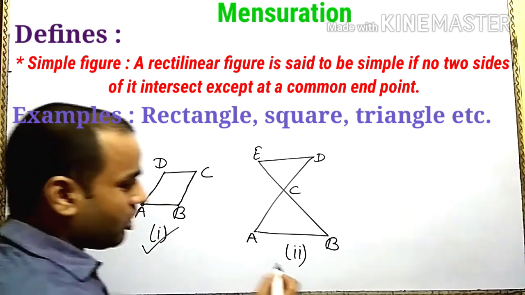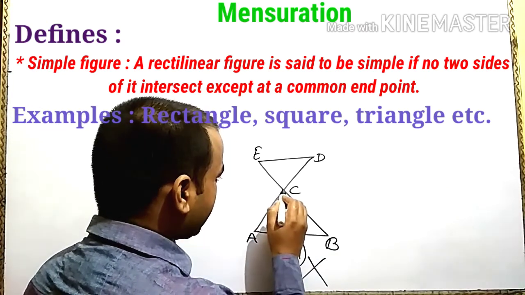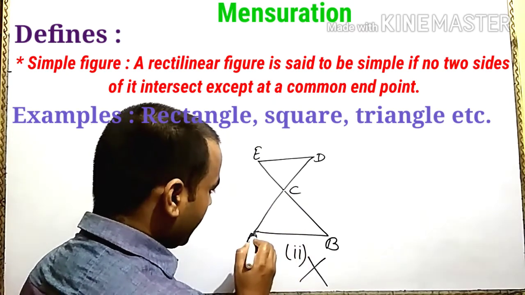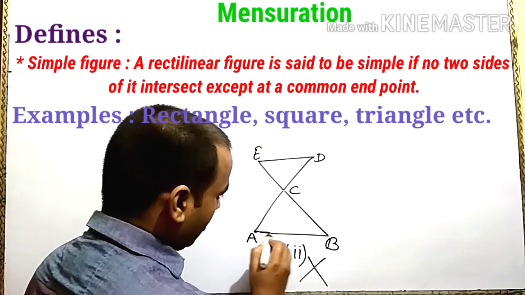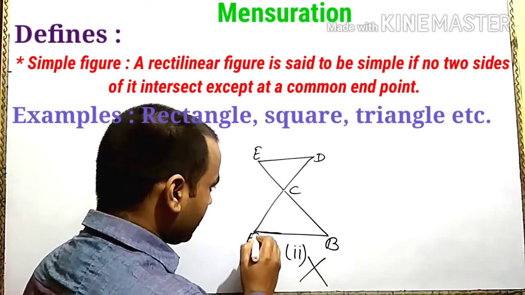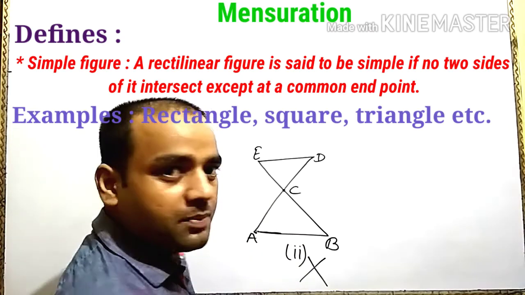And the second is not called simple figure because here it intersects at a point C, and also we start at point A, draw this figure and lastly we meet A. So there are two intersection points here. So this figure is not called simple figure.